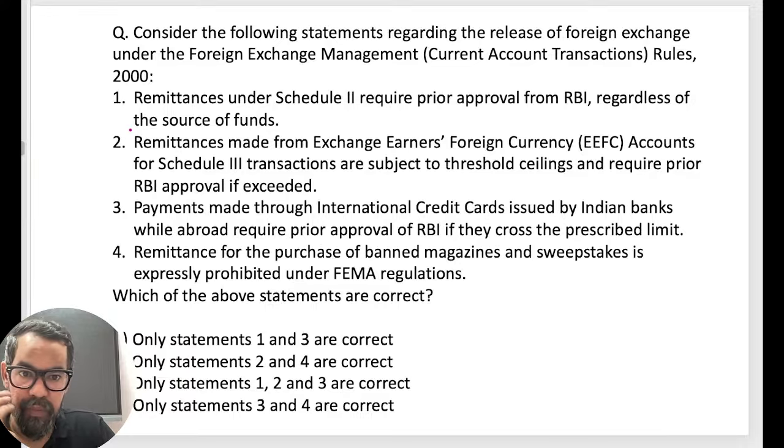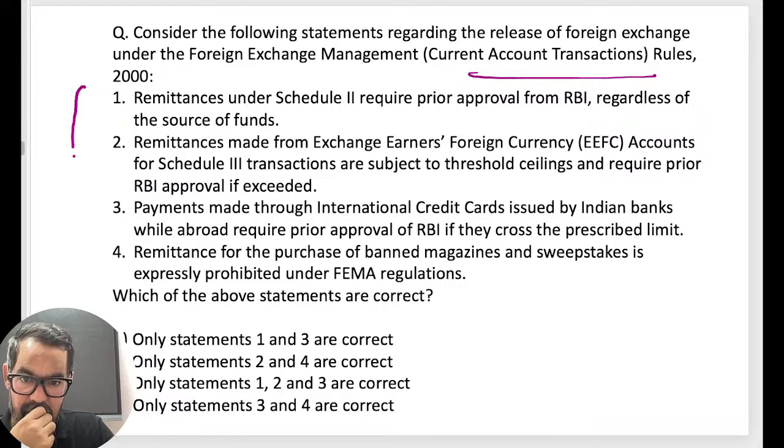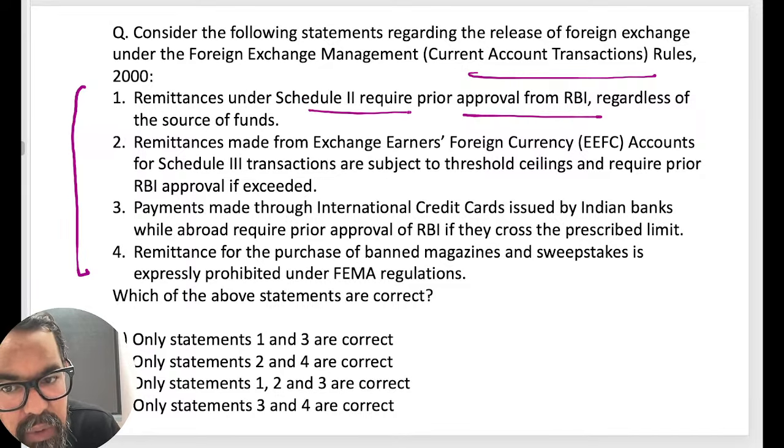So consider the following statements related to foreign exchange under the Foreign Exchange Management Current Account Transaction (CAT) Rules 2000. ठीक है. Remittances under Schedule 2 are not prior... You need, see, when you go through the LRS scheme, we have three.